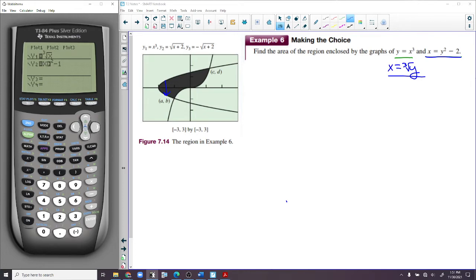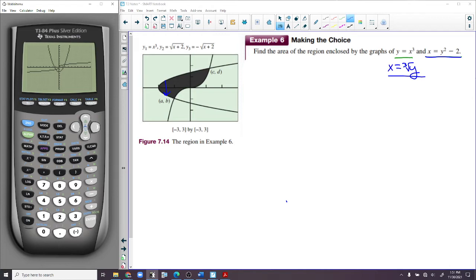This is x squared minus 2. Let's clear it. X squared minus 2. And we're going to graph this. But it's not going to look the same because we used x's instead of y's. That's why it doesn't look the same. So we're going to have to figure out where we're at.